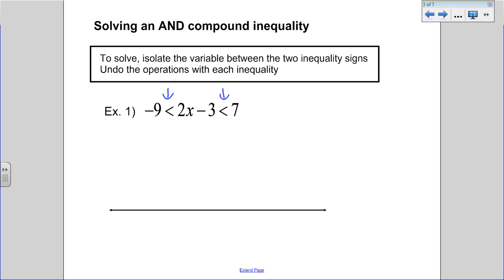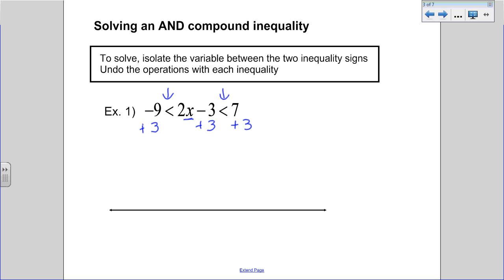So we're going to look at where x is at, and we're going to solve that the way we were on Monday. So am I going to undo my multiplication or undo my subtraction first? Undo your subtraction first. But remember, guys, I've got to solve two inequalities at the same time. So I can't just add 3 to the 7. Guess where else I have to add 3 at? I have to add it to the -9.